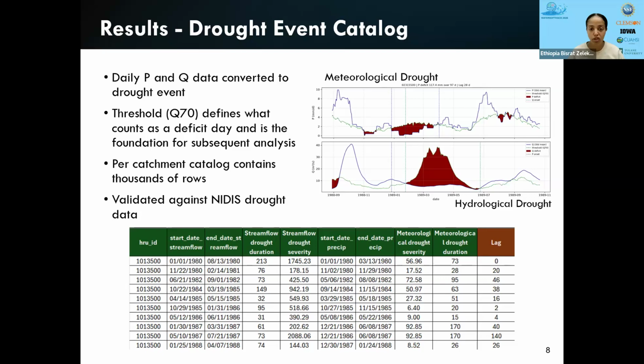At the top, you see a meteorological drought, and the second panel shows a hydrological drought. The red area indicates that drought deficit. And the important term here is the lag, which is the delay between the meteorological drought start date and what we're trying to predict, which is the hydrological onset. The Q70 threshold is again another important term here, which is applied for both the EDGE and the hybrid detection algorithm. And all of the drought events are validated against NIDIS drought data.